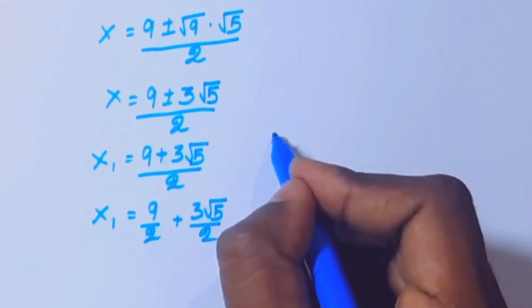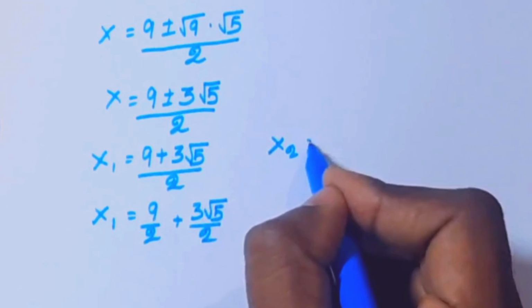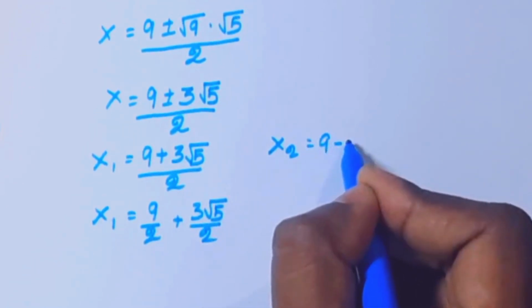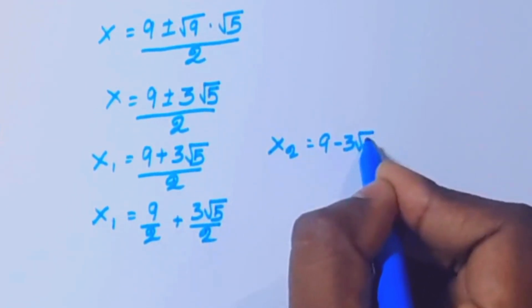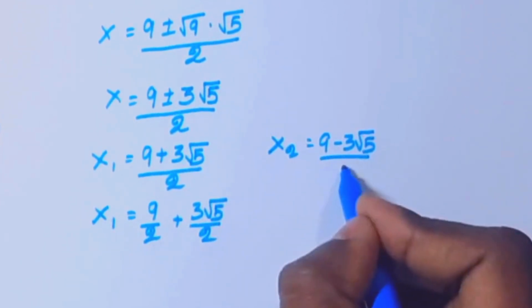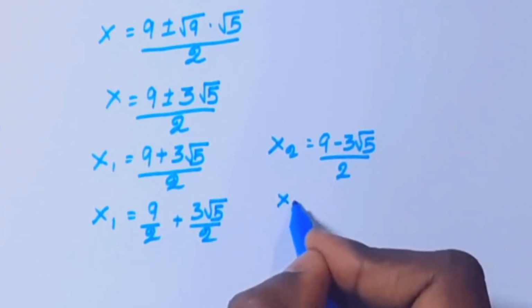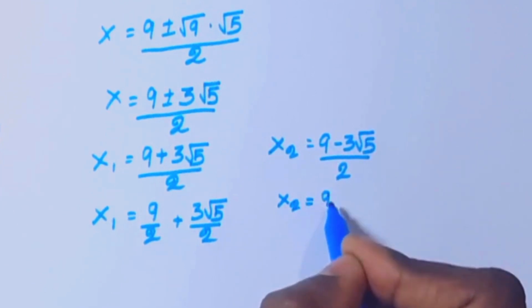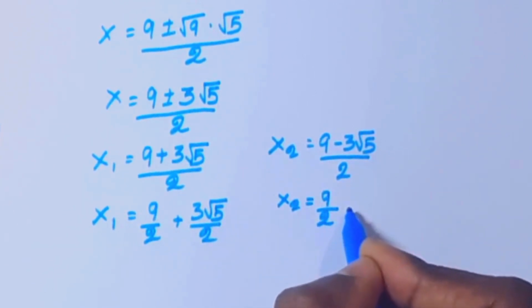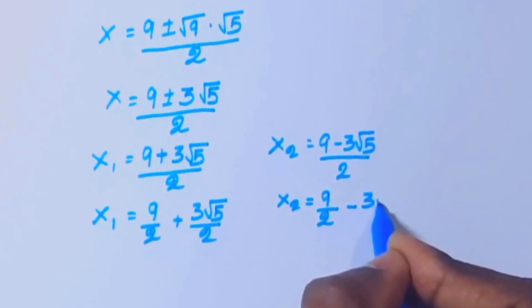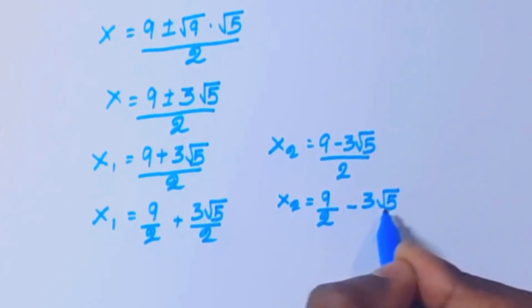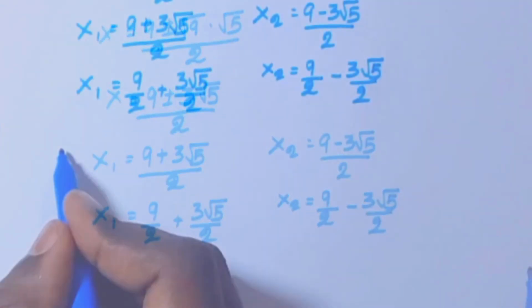Same way, x2 is equal to 9 minus 3 square root of 5 by 2. x2 equal to, this can be written as 9 by 2 minus 3 square root of 5 by 2.